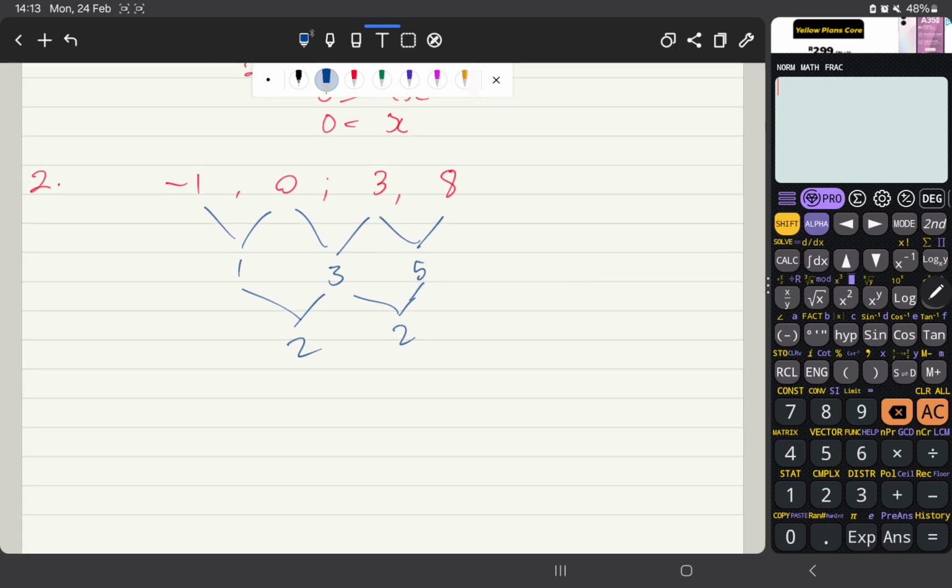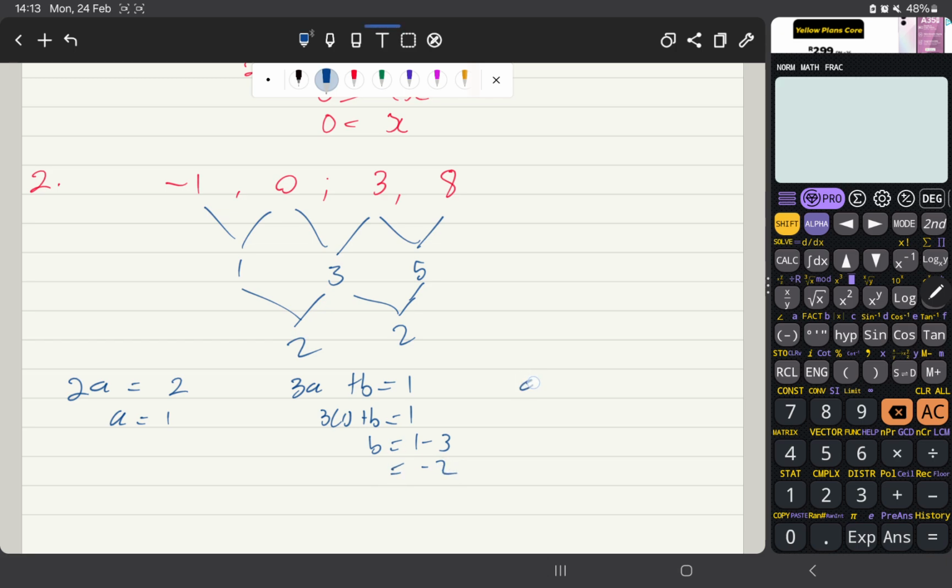So now I know what? I know that 2a equals 2, that means a equals 1. 3a plus b equals 1, that means b equals 1 minus 3, which is minus 2.